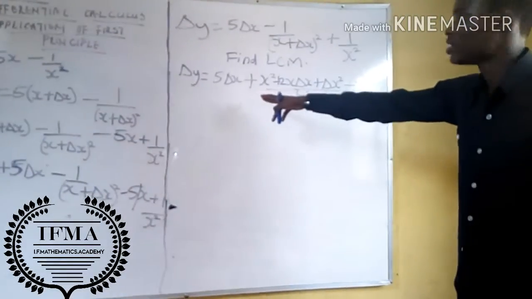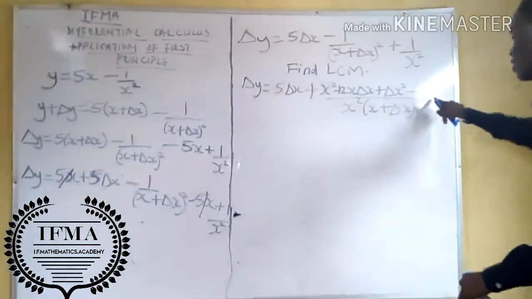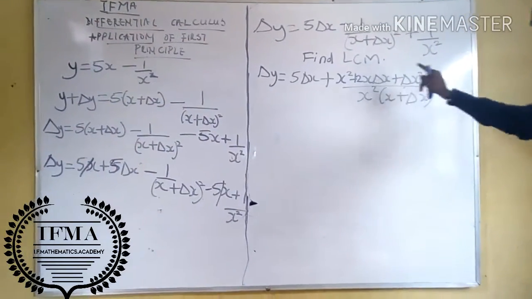And from here, what can we see? We can see that x squared can cancel out x. x squared can cancel out minus x.